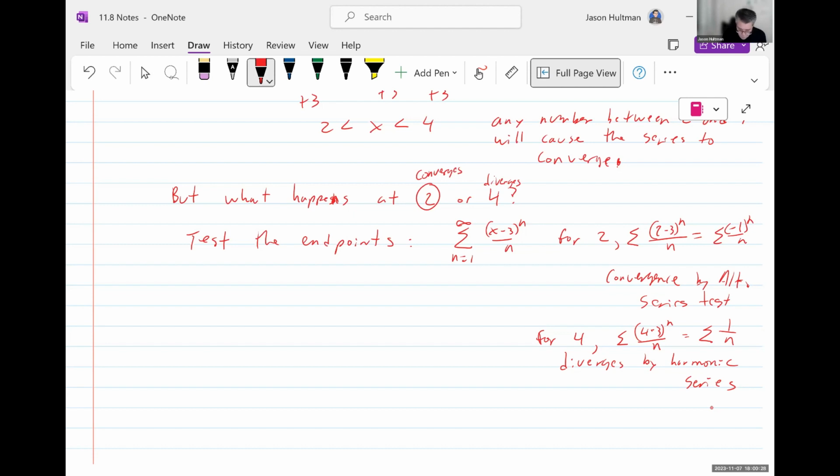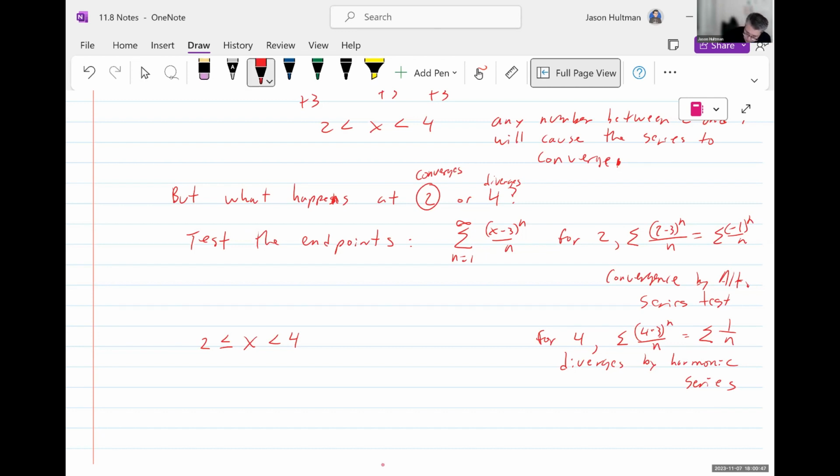So for what values does this thing converge? That's what the original question was. It converges for 2 is less than or equal to x, which is less than 4. Any number between 2 and 4, 2 is included, but 4 is not included.